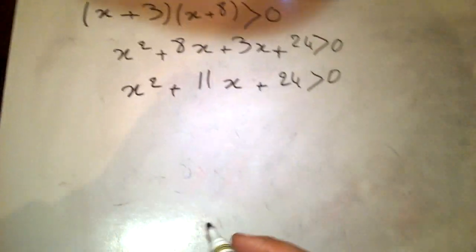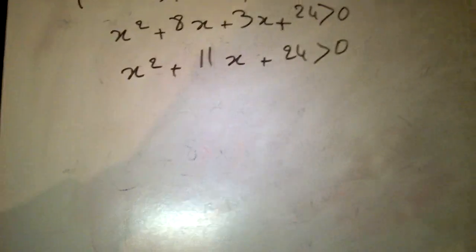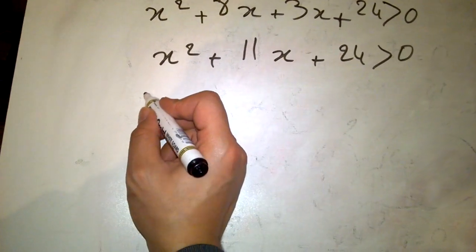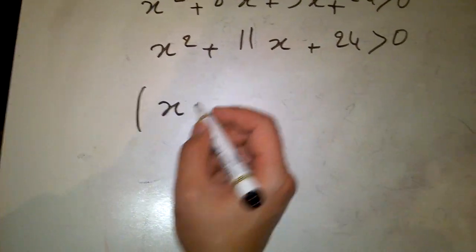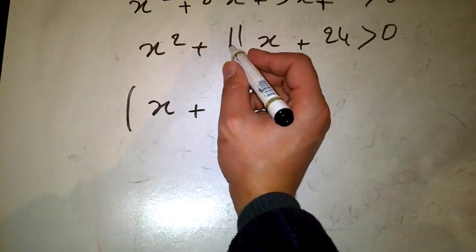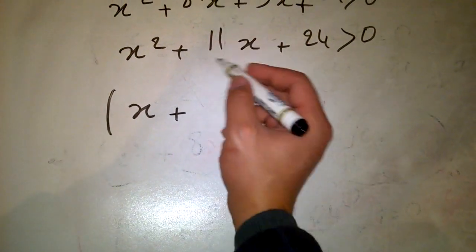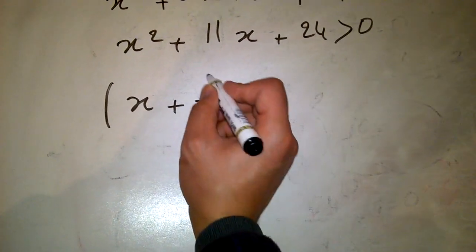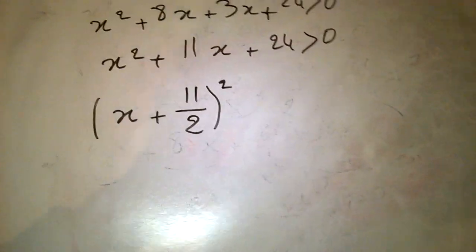Okay. So what are we doing? We open the bracket, write x. Here we have a plus, so plus 11. This is the coefficient of x, not x squared, we divide by 2. 11 divided by 2 squared.